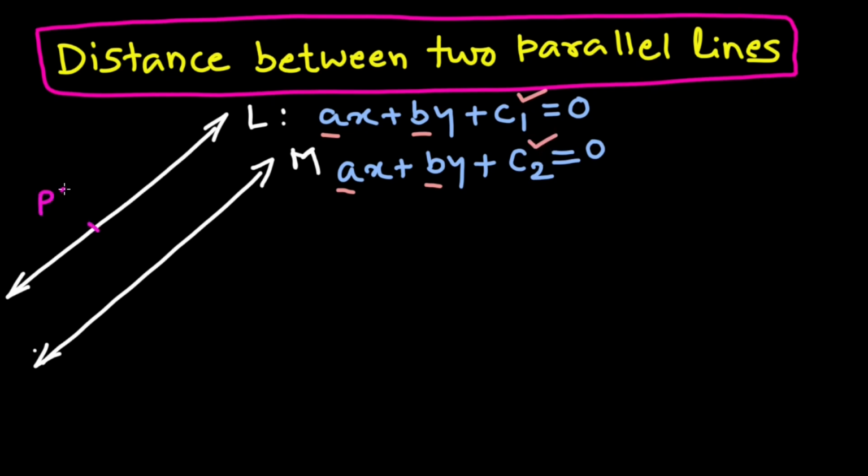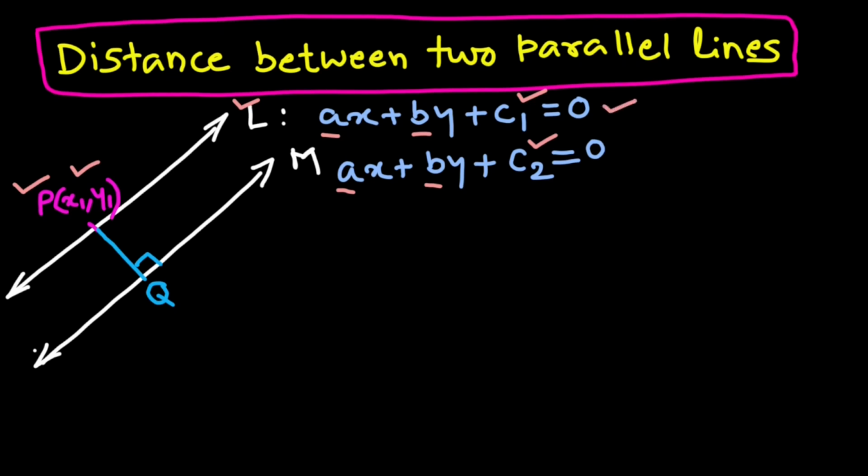Suppose P(x1, y1) be a point on the line L. We draw a perpendicular from point P on the line M. This point is Q. Since point P(x1, y1) lies on the line L, whose equation is ax plus by plus c1 equals 0, the coordinates of P(x1, y1) satisfy this equation.